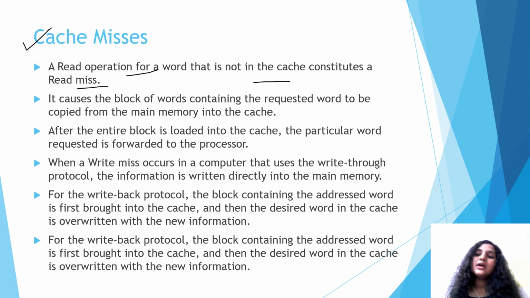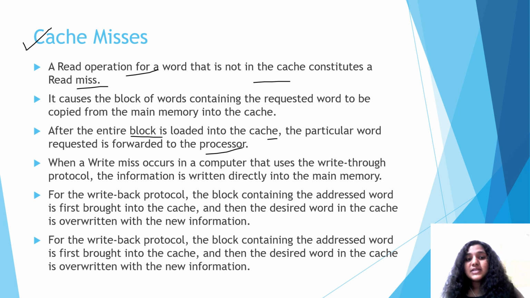So that is the function performed on a cache miss: the data is copied from the main memory to the cache. After the entire block is loaded from the main memory into the cache, the particular requested word is forwarded to the processor.